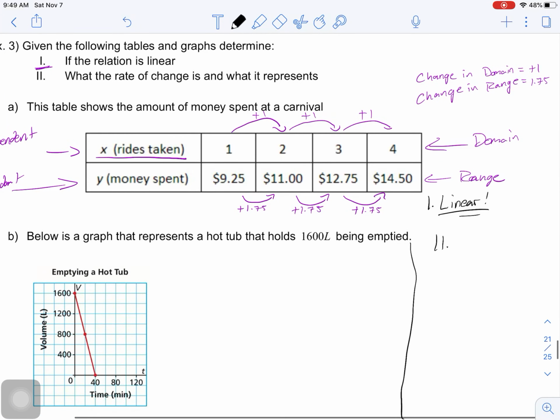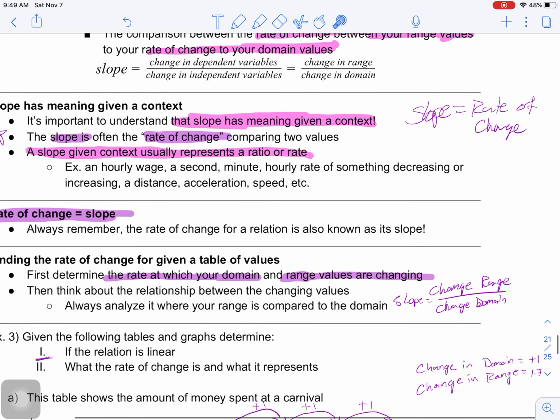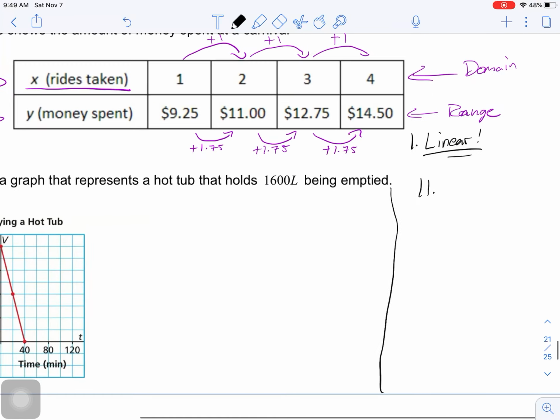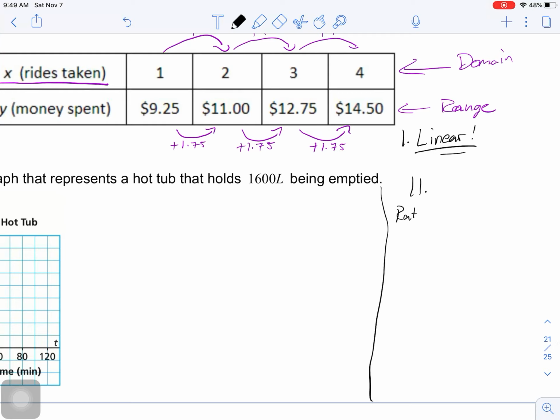So what is my rate of change? Well, remember, rate of change equals slope. Slope equals the change in range over the change in domain. So rate of change equals slope.